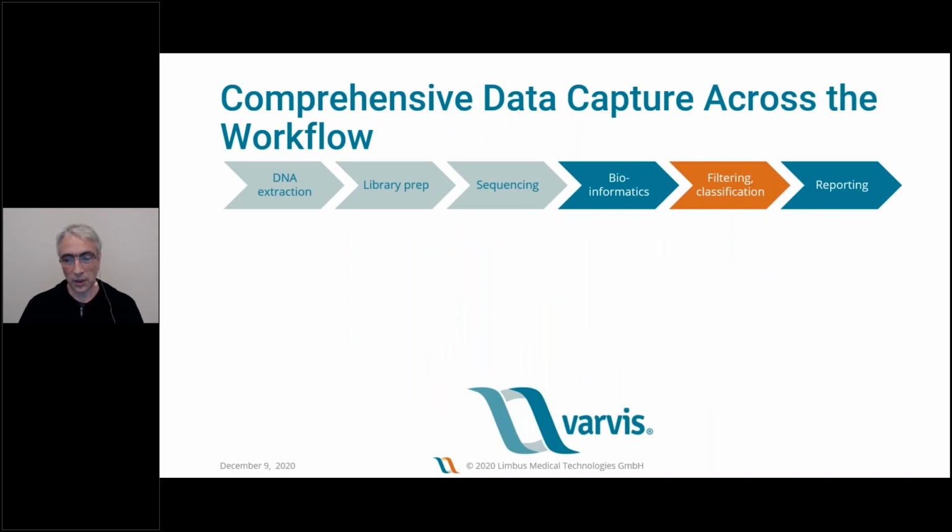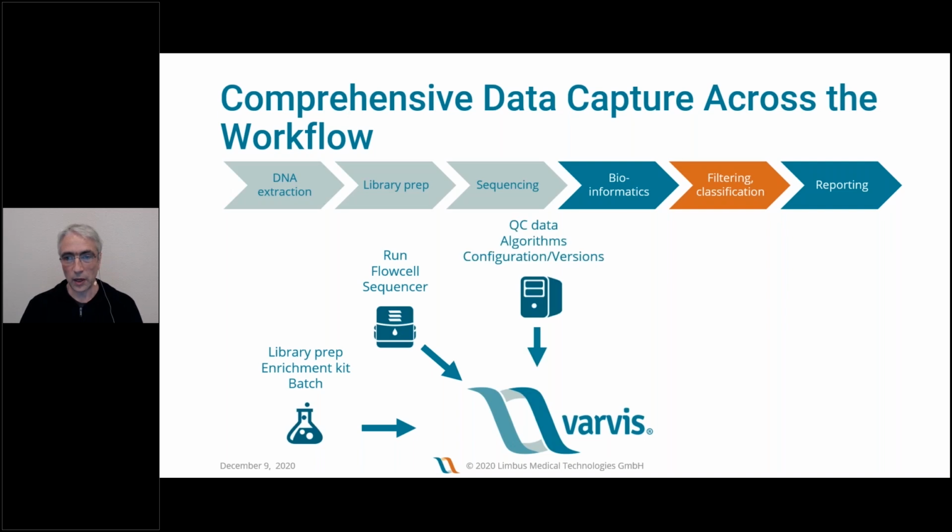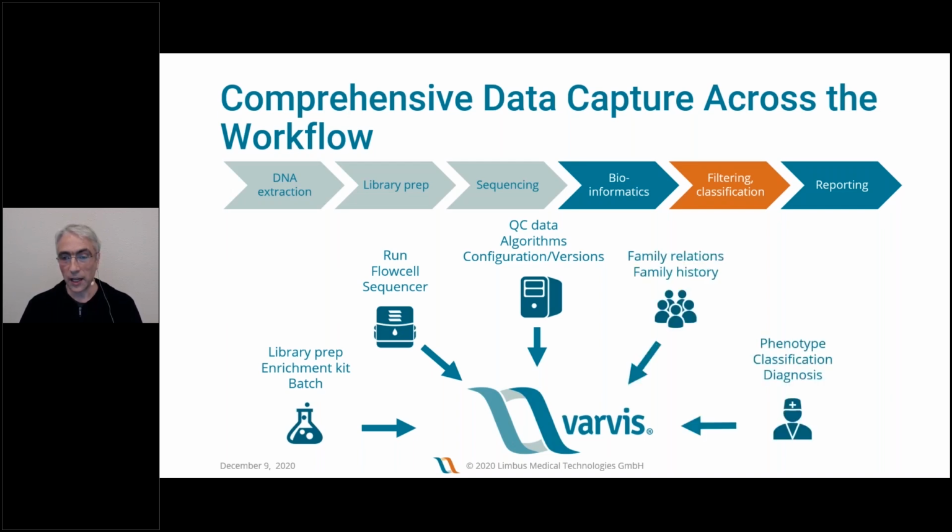Varvis only supports the right half of the NGS workflow, the bioinformatics, the filtering, classification, and the reporting, but it allows you to capture information from the entire NGS process. So, for example, any kind of information that is related to the quality of the data. And it also allows you to capture family relations and clinical information related to your patients.